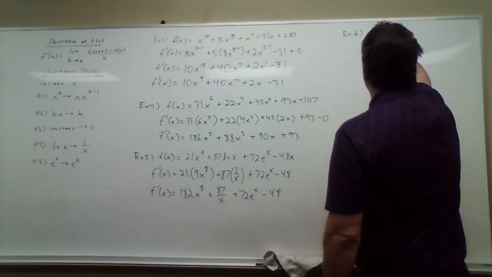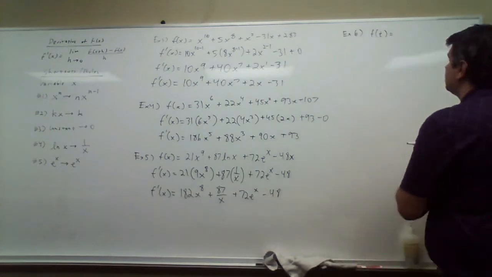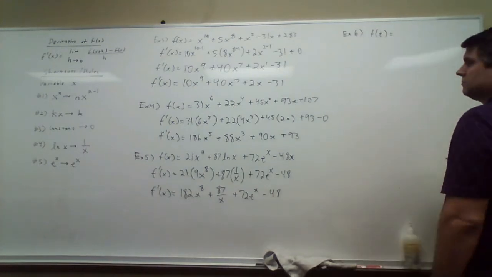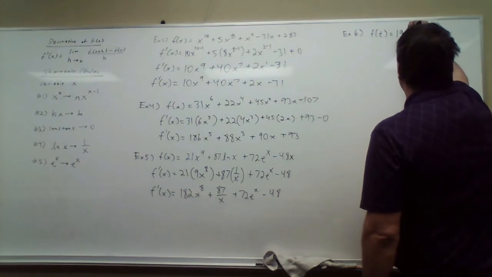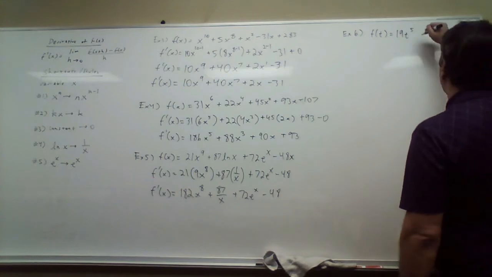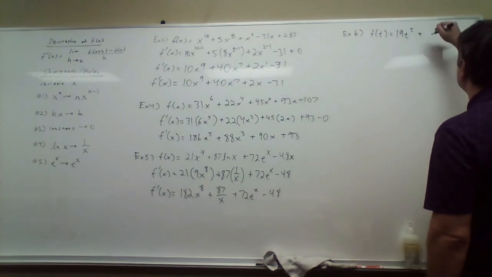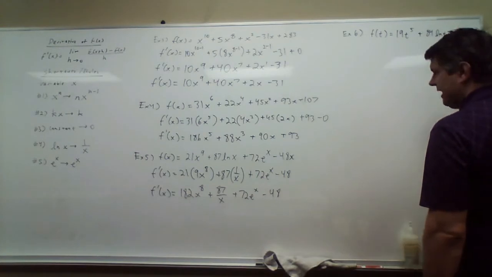Example 6. Let's say f of t is t to the 5th plus 84 natural log of t.